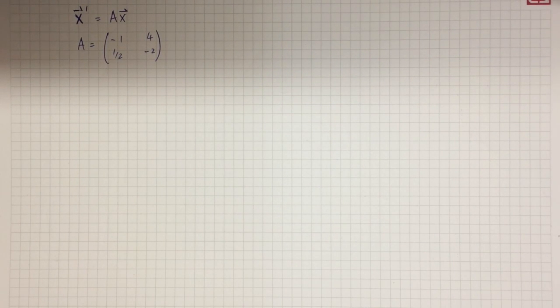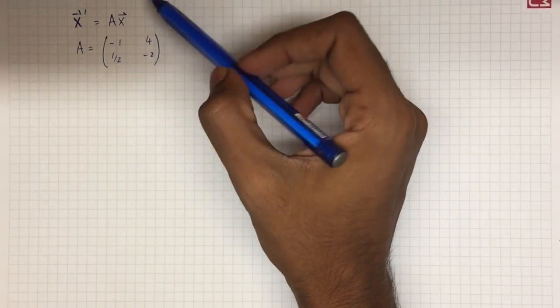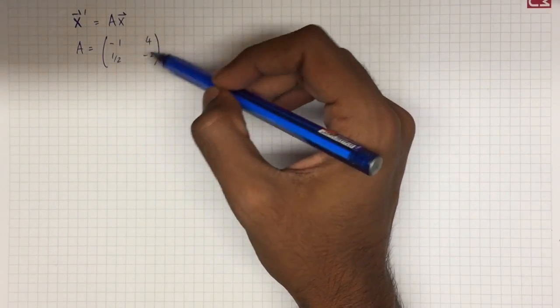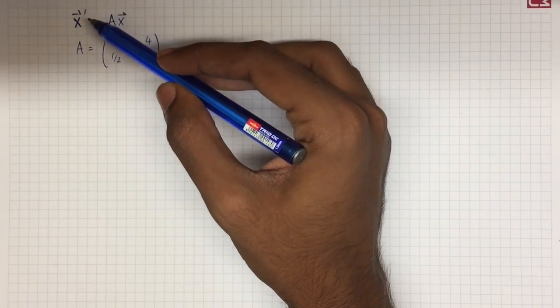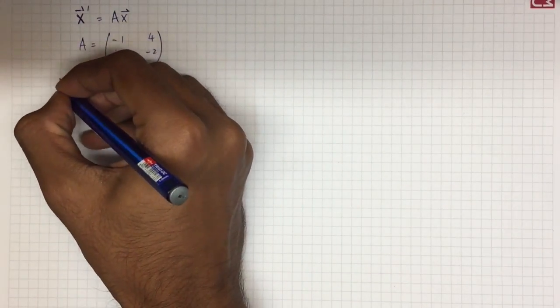So this is the question. If this matrix is part of the differential equation x prime equals Ax, then we need to find x of t.